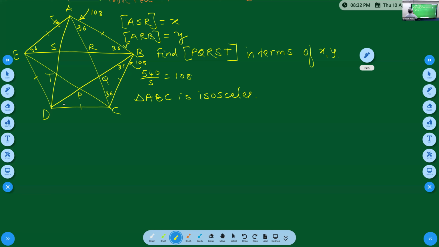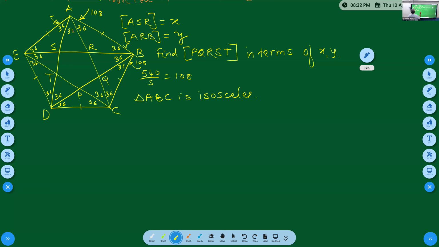Right? And total 108, out of which these two are 36, 36. Therefore, third is also 36. Right? This is first information.